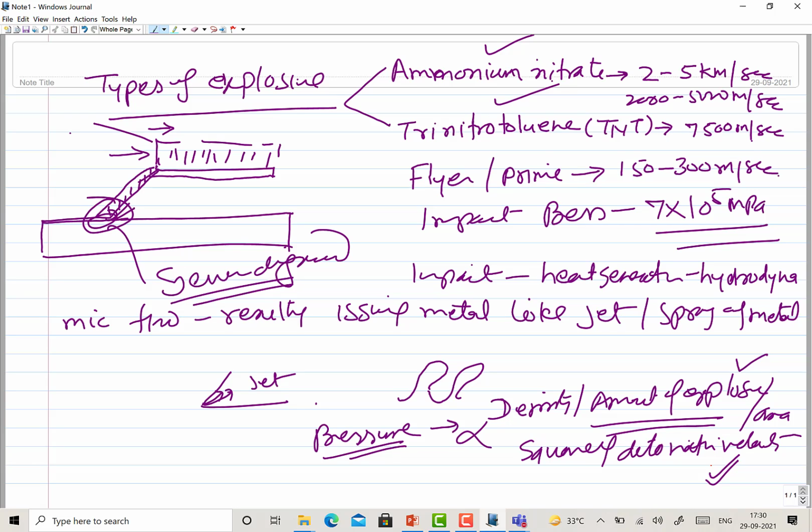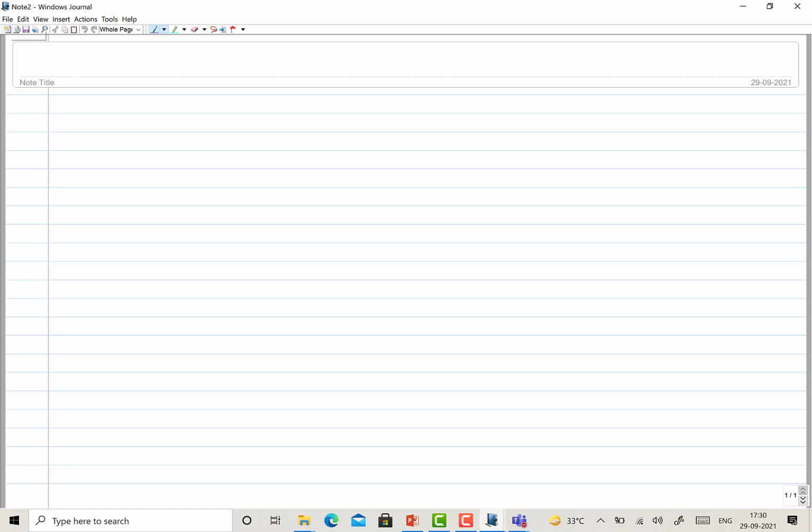As you have seen, the collision velocity and the collision angle are the two important things which govern the interfacial geometry, whether it will be flat, wavy, or of the jetting kind. So if you look at this a little more, what is the nature of the interface?